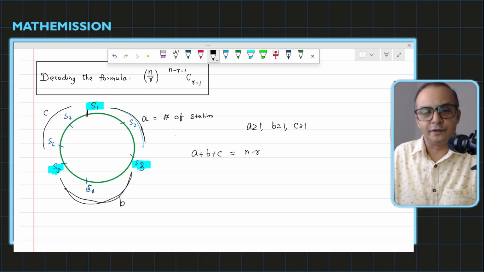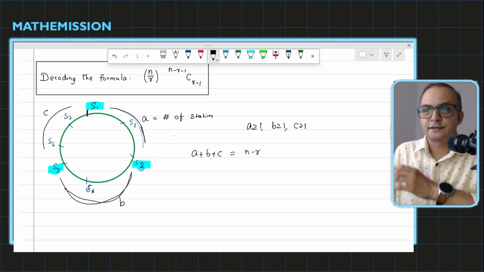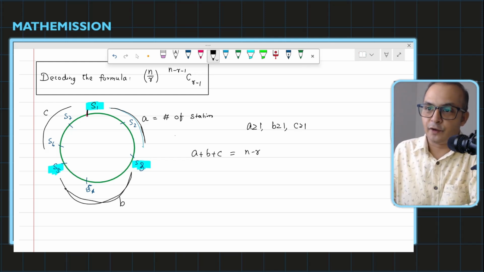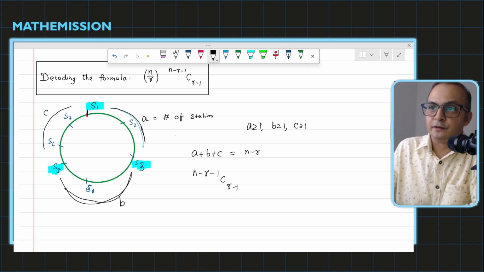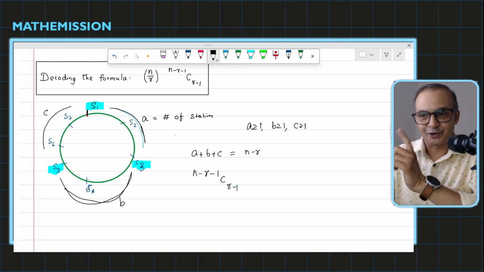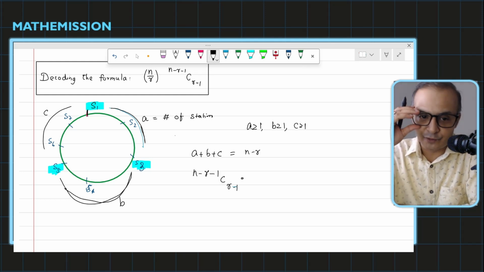And you know how to solve it, because it's just asking the number of ways how many such integers can be selected to give n minus r. And the formula is (n minus r minus 1) C (r minus 1). We found it, but again, for each such choice, you have counted extra. What have you counted extra? Can you guess?